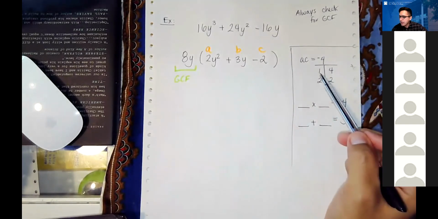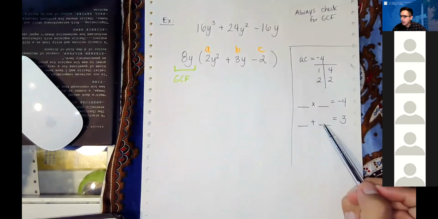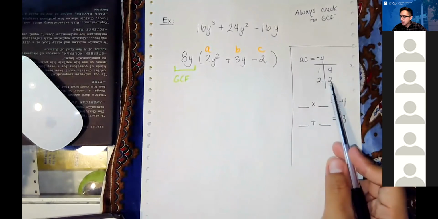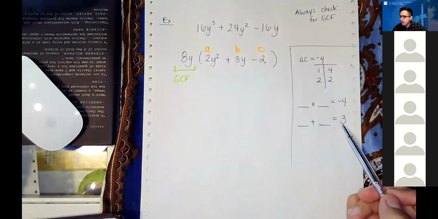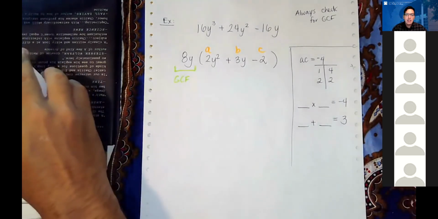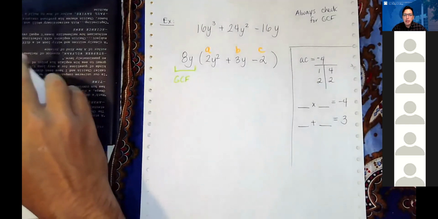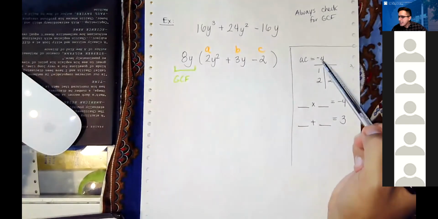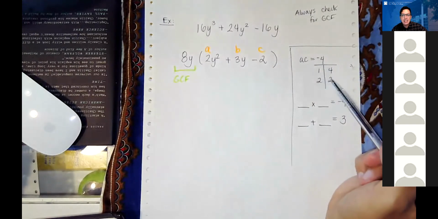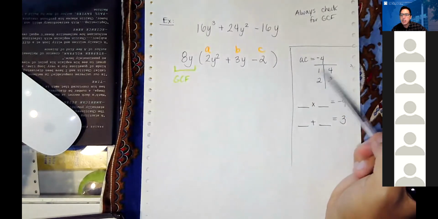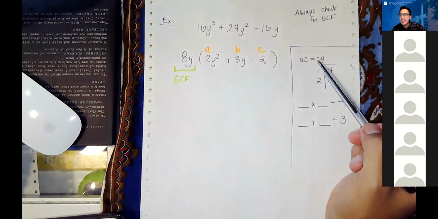Well, if I just add 1 and 4, I will get 5. And if I add 2 and 2, I will get 4. So right off the bat, you might be stuck here until you remember that this is a negative number. So one of these factors has to be negative in order to multiply to make a negative, right? A negative times a positive gives you this negative.